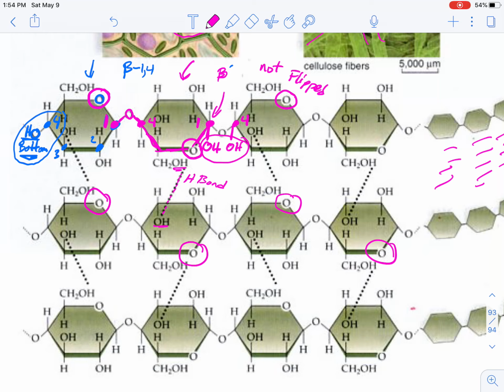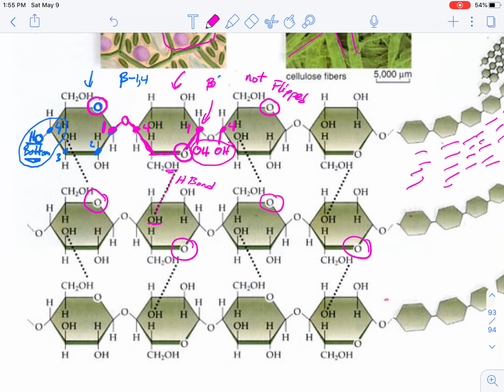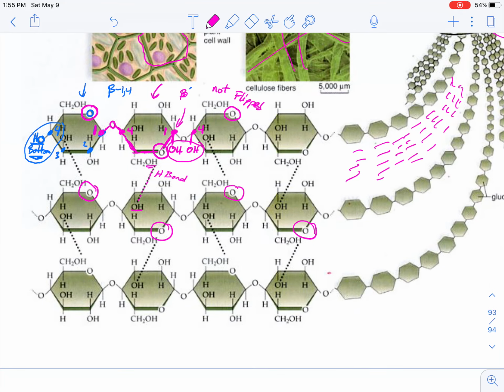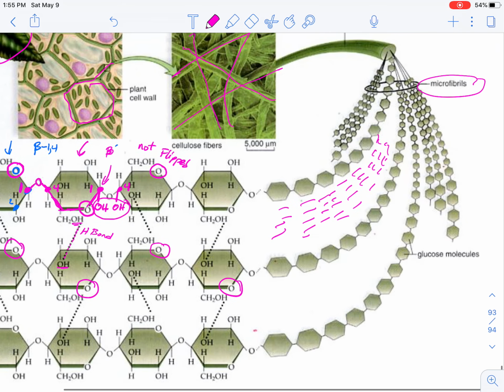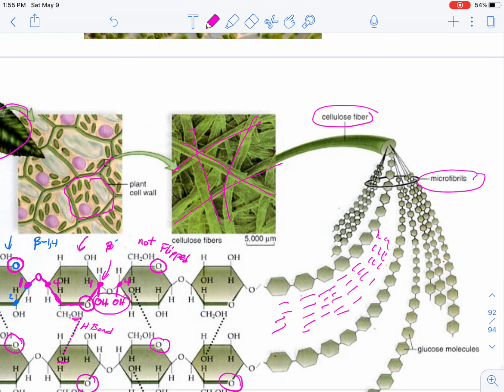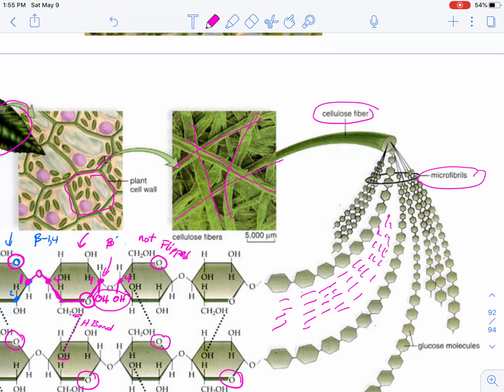So for a beta 1,4 glycosidic bond to occur, those two glucose monomers have to be flipped with respect to each other. One of them is right side up, the other one's upside down. And that consecutive pattern, once again, enables these individual strands to form hydrogen bonds among themselves, which is a strong enough intermolecular force to create these cellulose fibers without the use of a covalent bond.